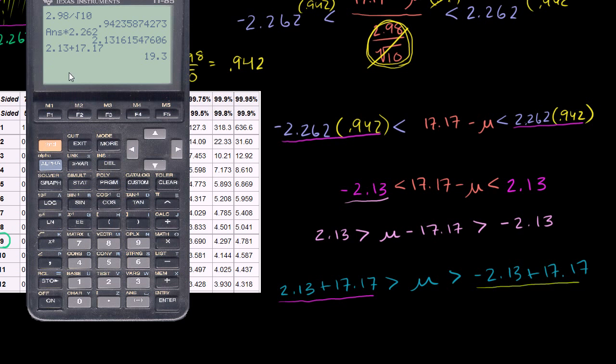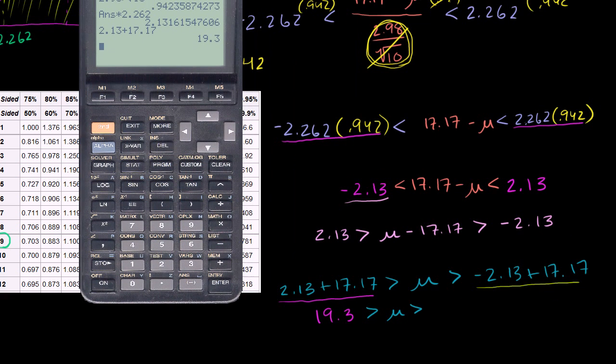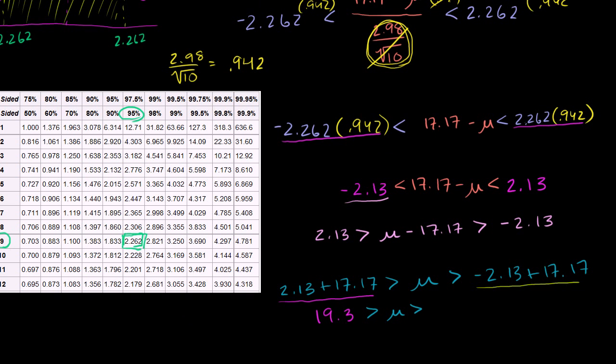So 19.3 is going to be greater than mu, which is going to be greater than negative 2.13 plus 17.17, or 17.17 minus 2.13, which gives us 15.04.